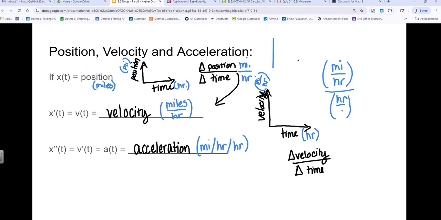I'm going to put that over 1. Dividing fractions is easy as pie. You're going to flip the second and multiply. How could I write that? Miles over hours squared. So you could also say miles per hour squared.